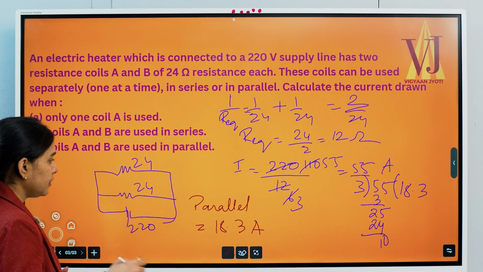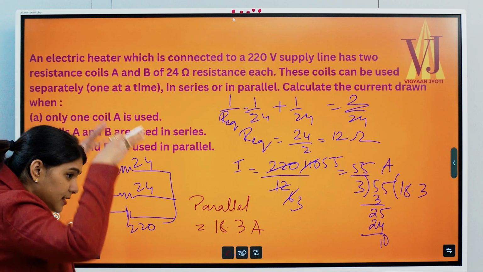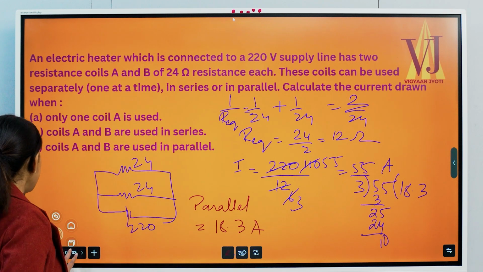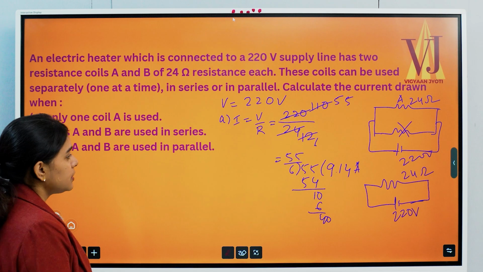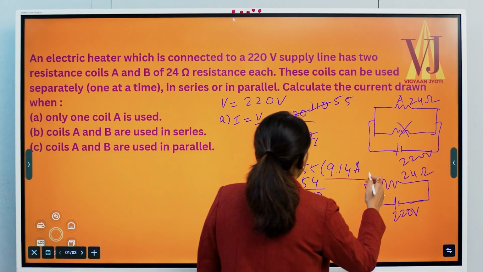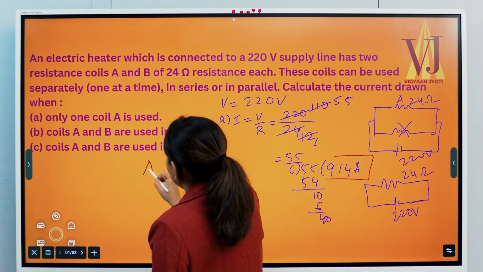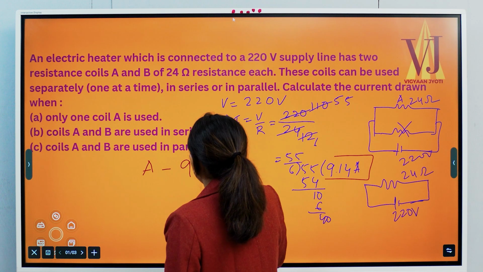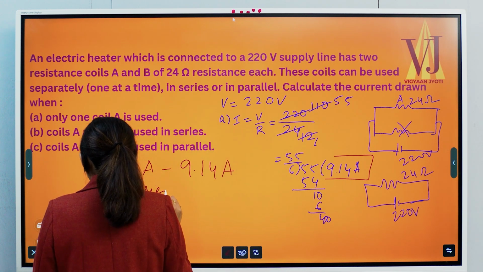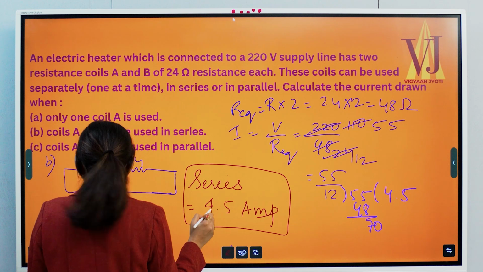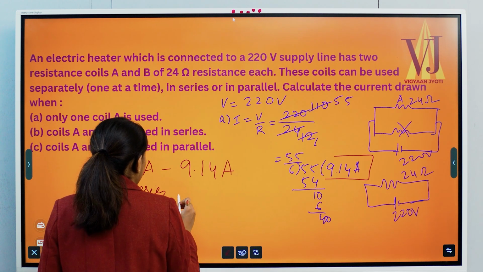So that means again same story, overall resistance is decreasing, overall current is increasing. And what is my normal? Just a single used, 9.14 ampere. That means just single is used, that is 9.14 ampere. If it's being used in series, then it's 4.5 ampere.